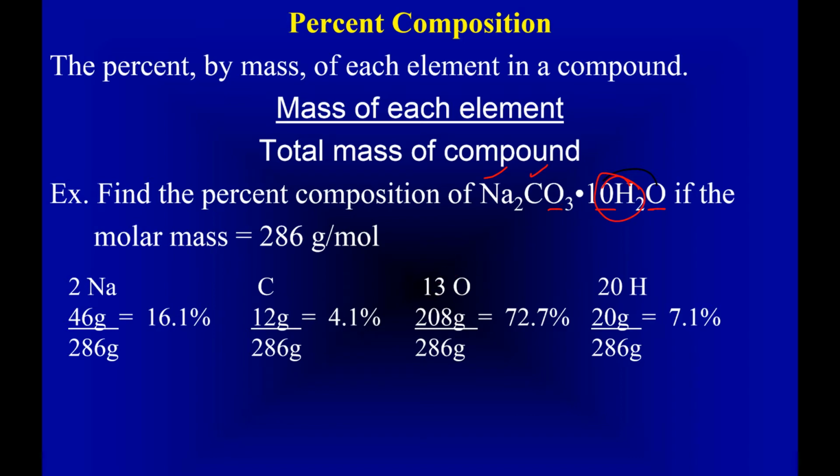So 13 times 16, which is its molar mass, gives us 208. See, the most of the molecule is oxygen. And then finally we have our 10 times 2, 20 hydrogens. So 20 divided by 286 gives us our 7.1%. Okay, so that's how you do percent by mass.